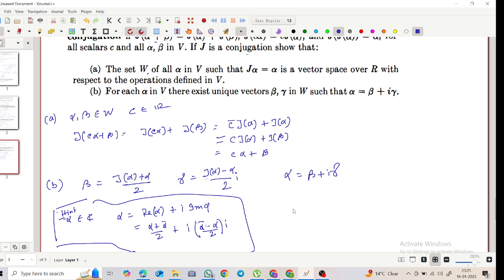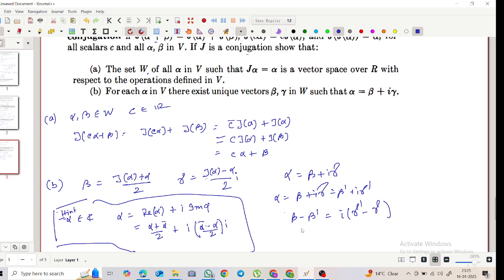And for uniqueness, this is easy actually, because if alpha is beta plus I gamma equals beta prime plus I gamma prime, then you have beta minus beta prime equals I times gamma prime minus gamma.